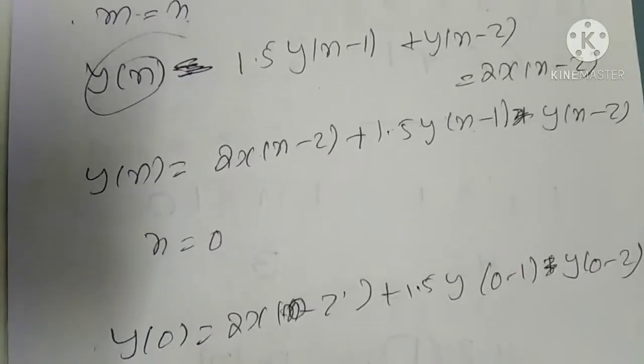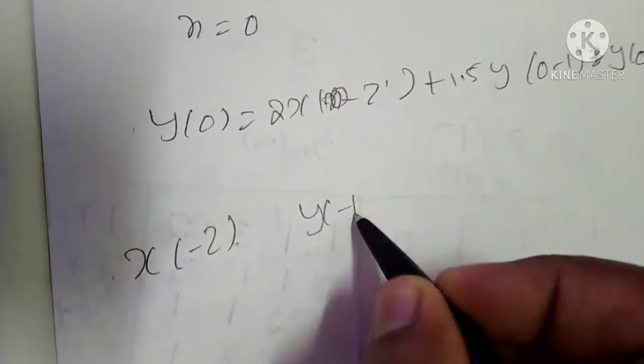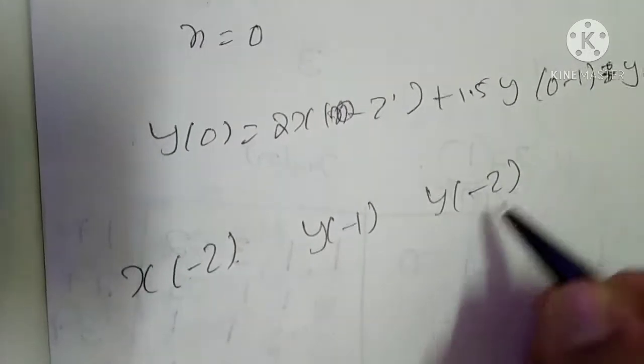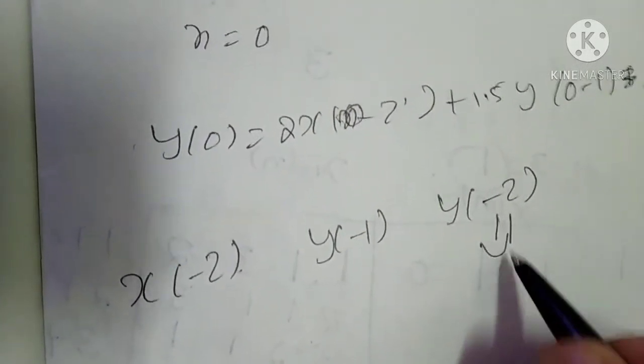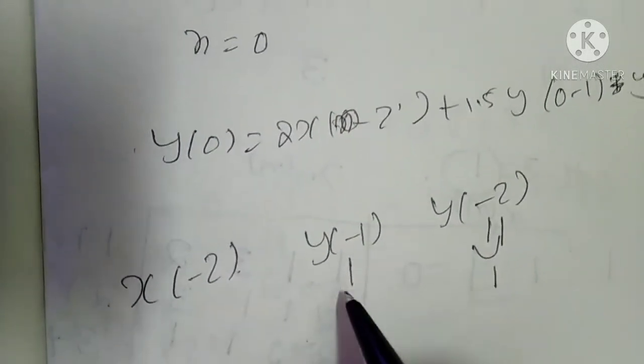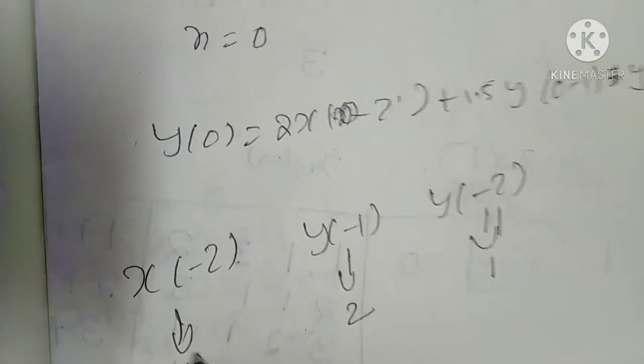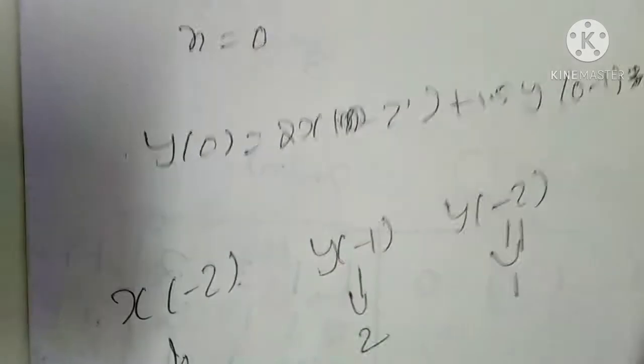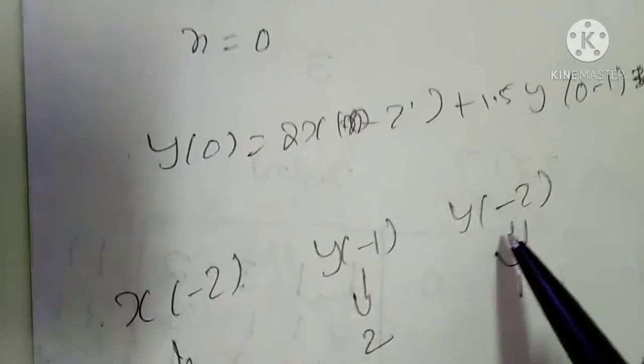So we require x of minus 2, y of minus 1, and y of minus 2. In the question they have given this as 1, this as 2 and this as 0. If they don't give, we will take it as 0.